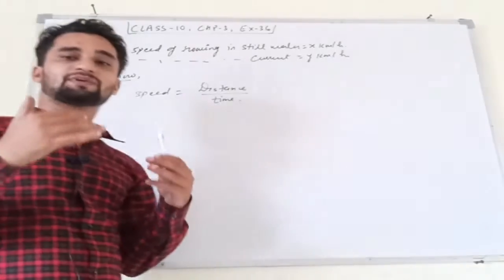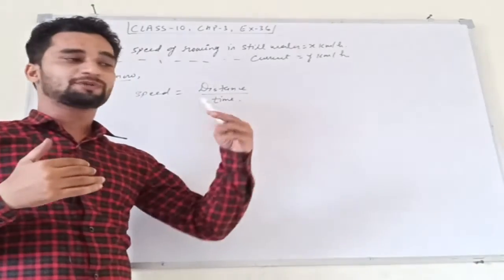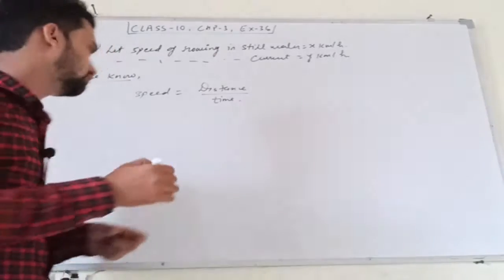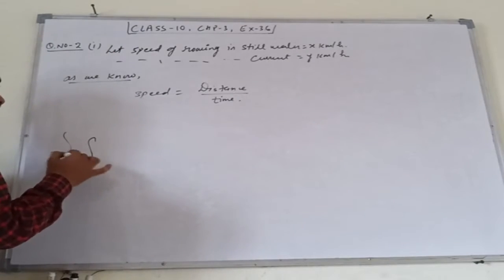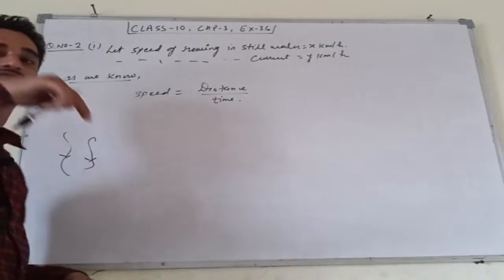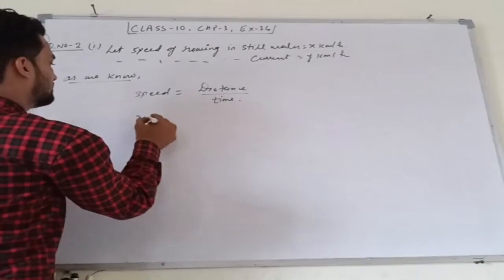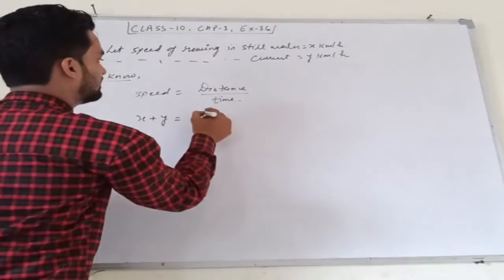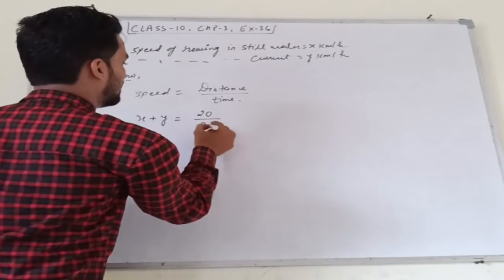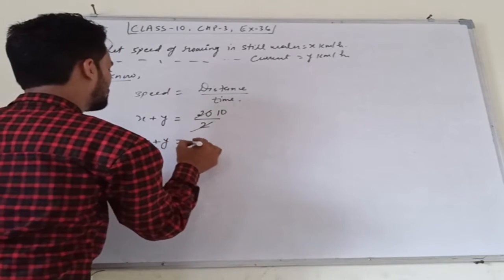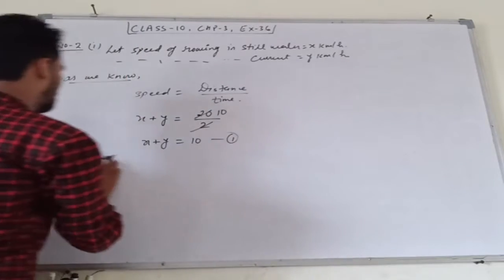It means the speed of the current and speed of rowing will be added together, because we are rowing in the direction of flowing of water. So in this case this will be x plus y speed, distance is 20 and time is 2, this will cancel out, so x plus y must be equal to 10. This is the first case.